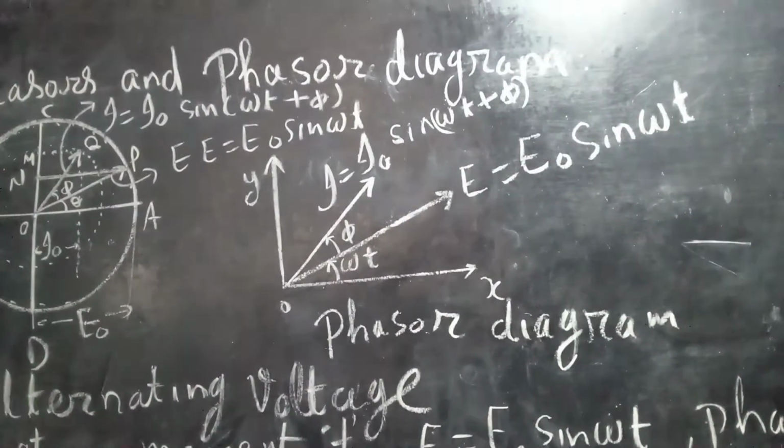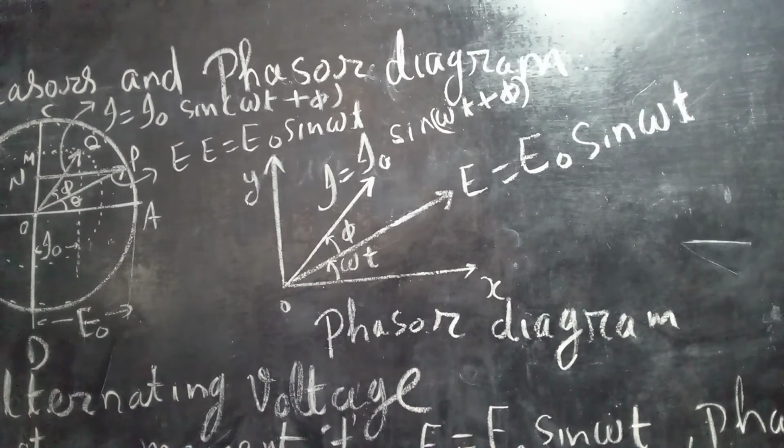So what is a phasor diagram? Alternating current and voltage are scalar quantities, but here they are treated as rotating vectors, so they can be represented as vectors.